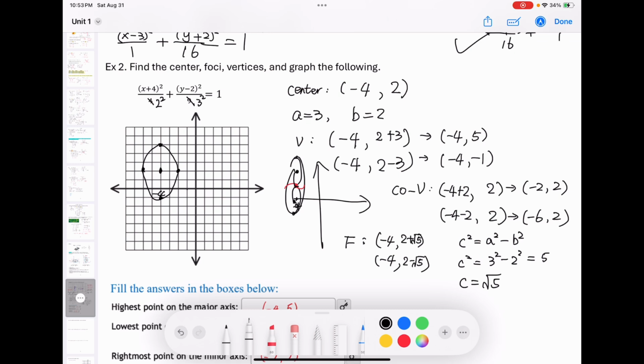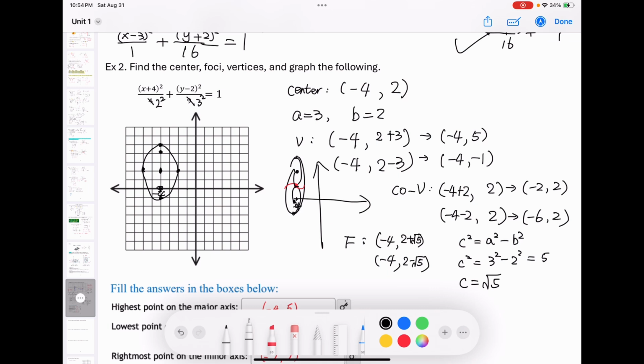So foci, they are negative 4, 2 plus the square root of 5, and 2 minus the square root of 5. So what is the square root of 5? I think it's about 2.23 or something. So based on my center, go up 2 point something. For example, this point here is my focus, and another point, for example, here is my other focus.